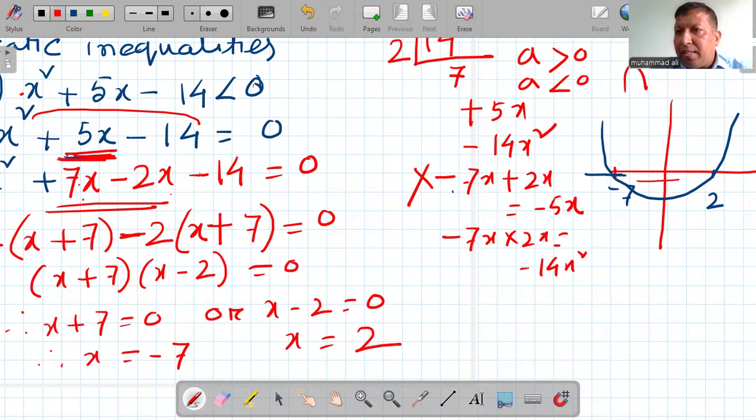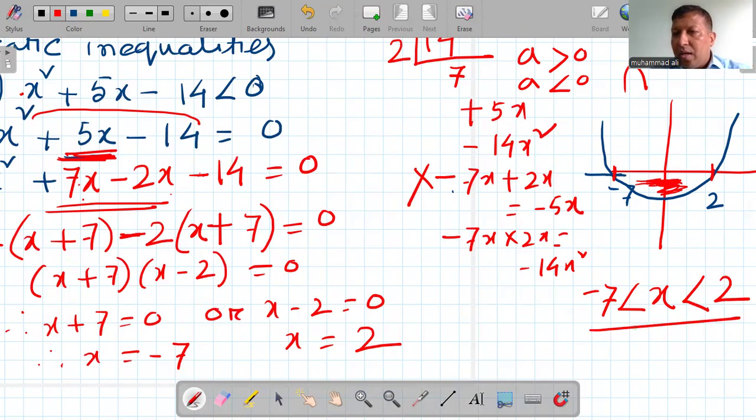That means the curve is negative here. From x value minus 7 to plus 2, the curve is less than 0. We want this. So we have to write x greater than minus 7 and less than 2. Within this interval, the curve is less than 0. So this is the solution.